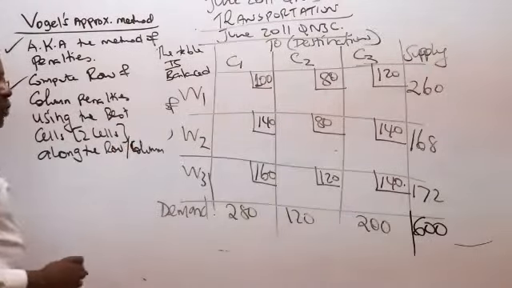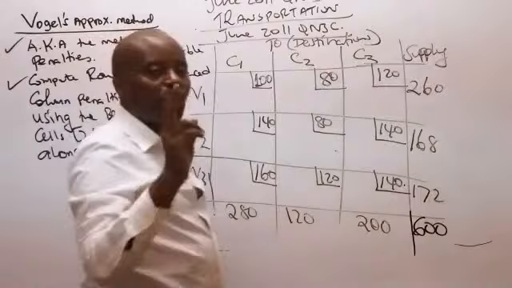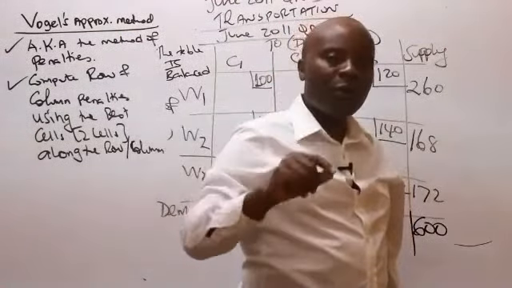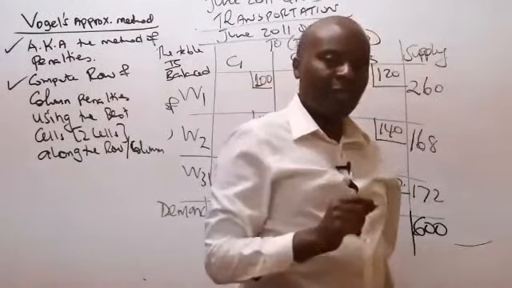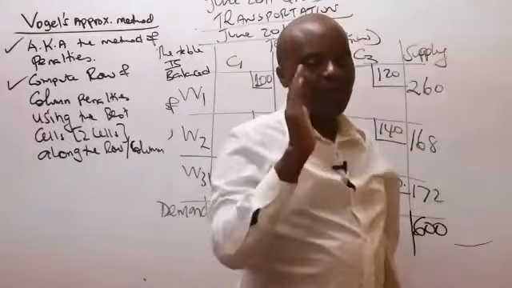So you go to each row and each column selecting 2 cells which happen to be the very best.